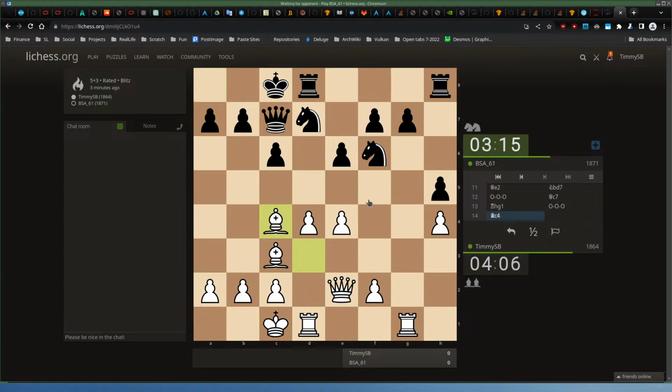Difficult. Just getting out of the way of my rook. Oh, instantly I gave away a pawn. I did give away a pawn, didn't I? But I can take here. It's not that bad.